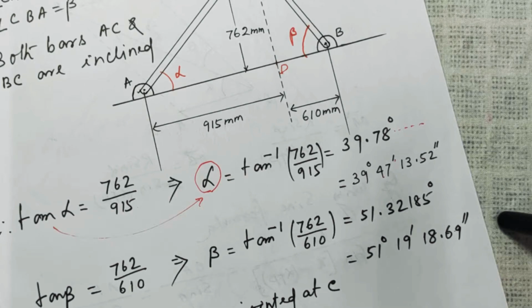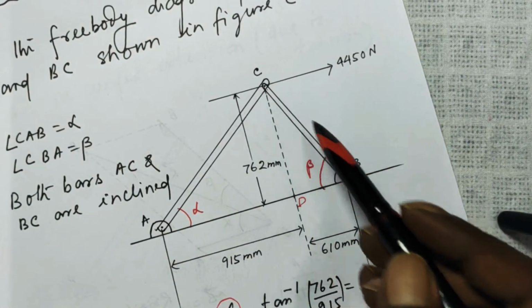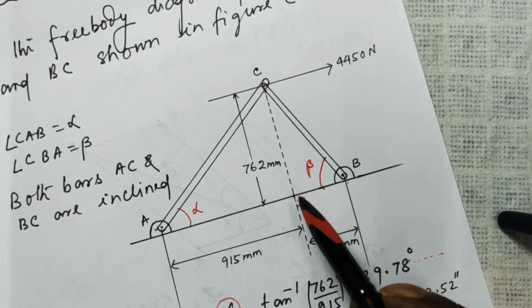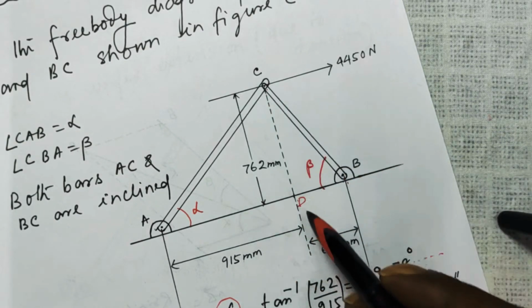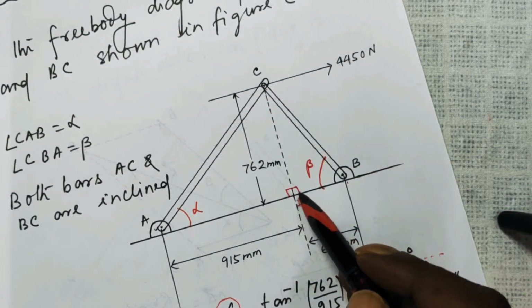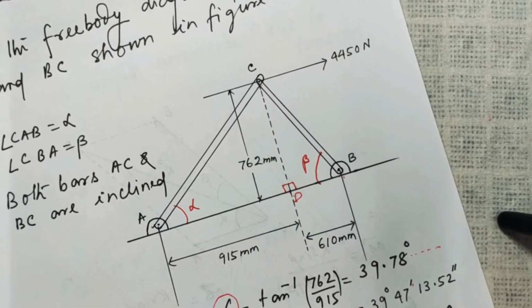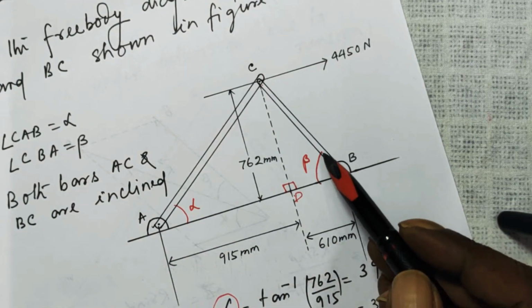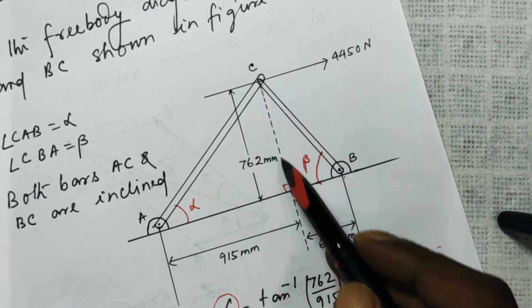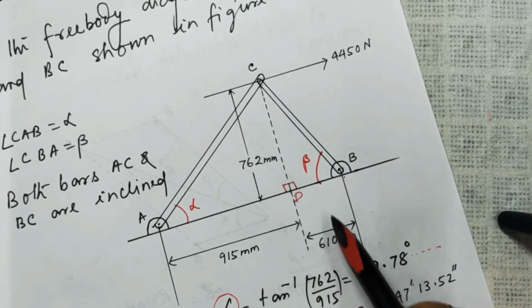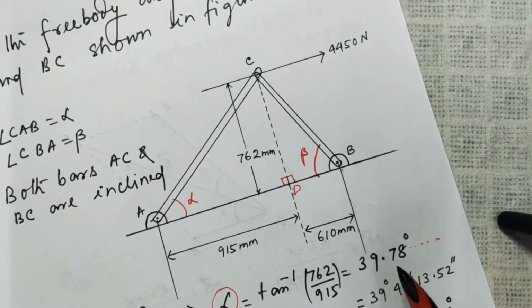Now similarly in triangle CDB, which is a right angle triangle, since this is perpendicular, this is 90 degree. So tan beta, tan of this angle, is equal to perpendicular by base, 762 divided by 610.